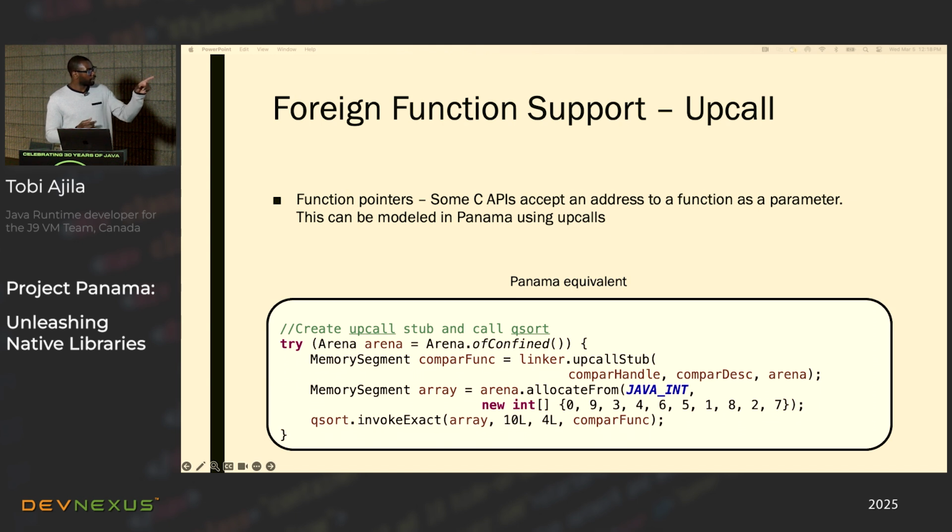So that's what's going on there with the upcall stub. Then I'm going to allocate the array using the arena and call the function using my compare function. You can see in this case, no native code was written, everything's done in Java.